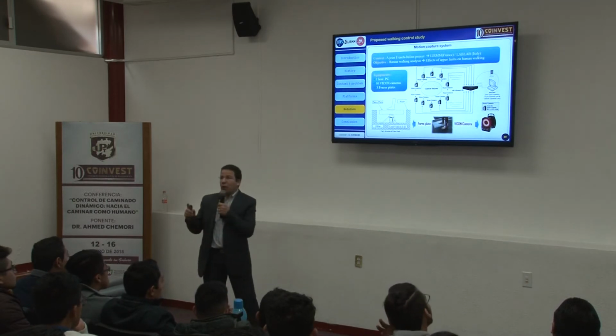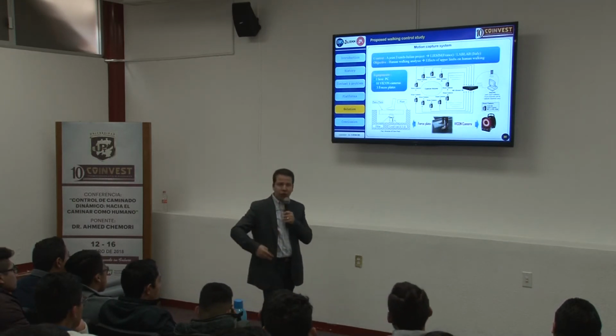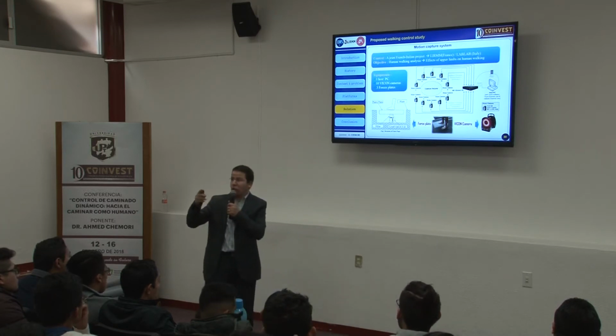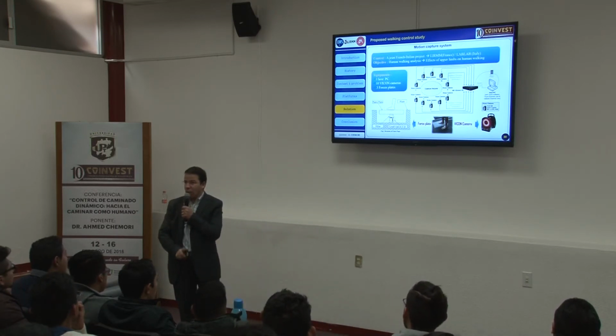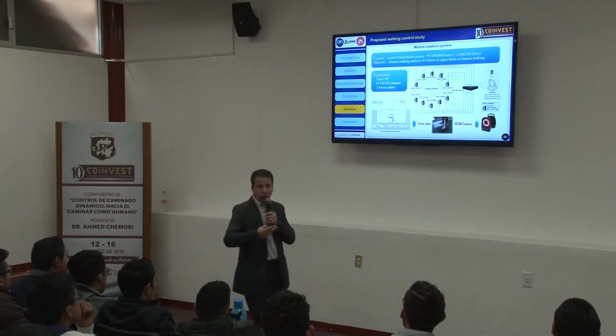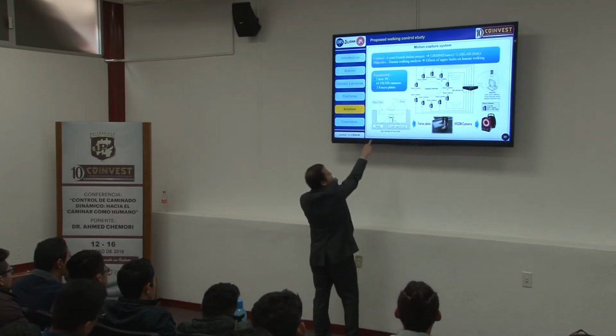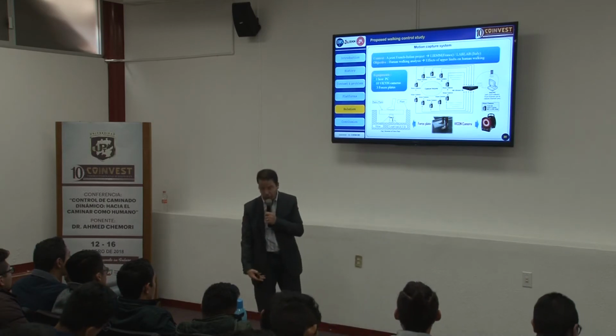Also, pay attention: when we want to capture the motion of the human while walking, we also need to measure the contact forces with the ground, to have the position of the ZMP while walking. For that, we use what we call a force plate. It's just a sensor in the ground.